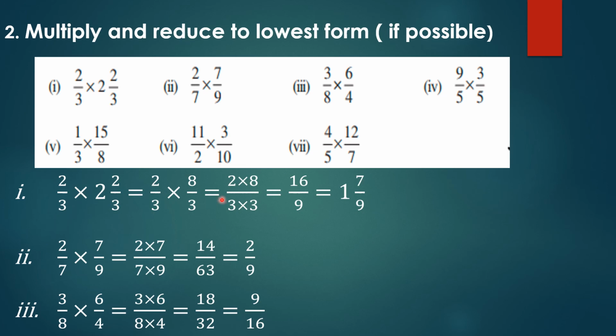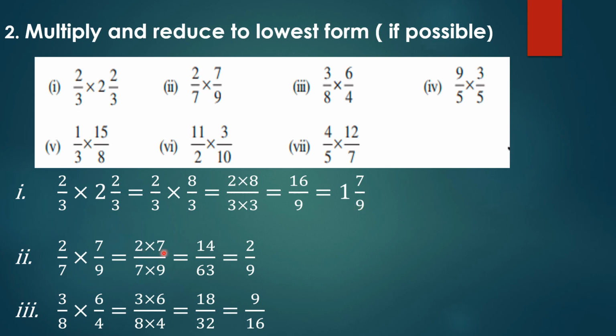Now, as per the multiplication of fractions, we multiply the numerators and denominators. Therefore, this will become 2 into 8 divided by 3 into 3, which is equal to 16 by 9, and this can be written in mixed form as 1 7 by 9, because 9 ones are 9, and 9 plus 7 is 16, 16 by 9.